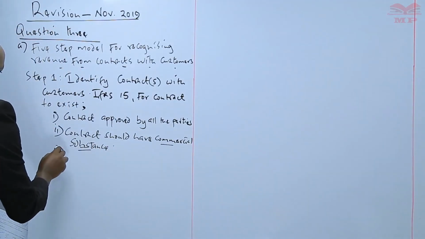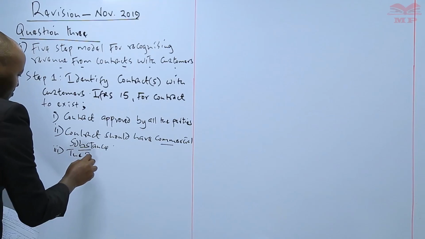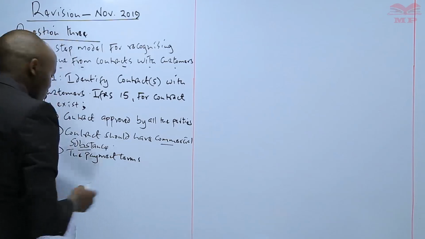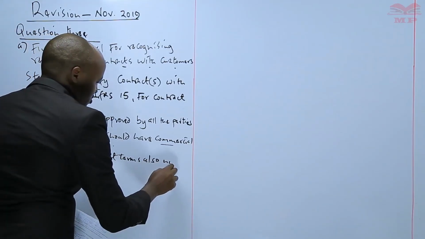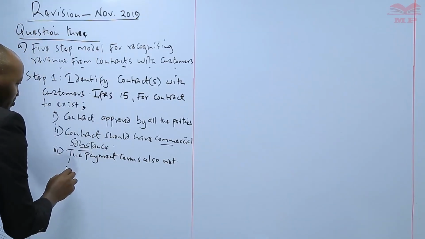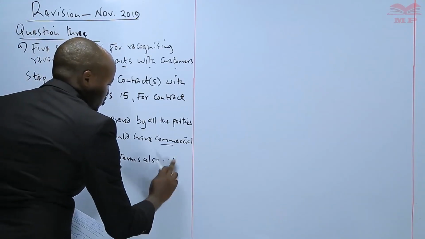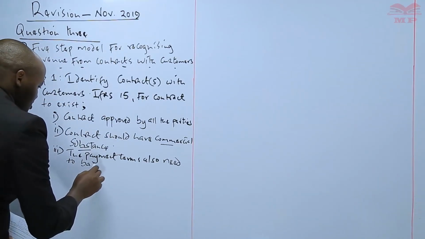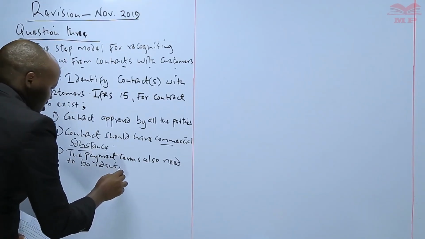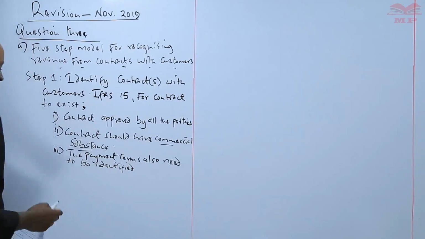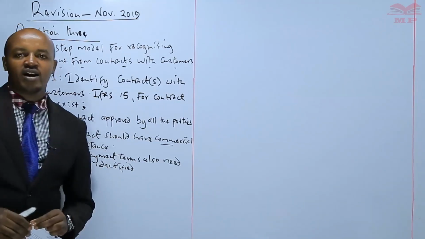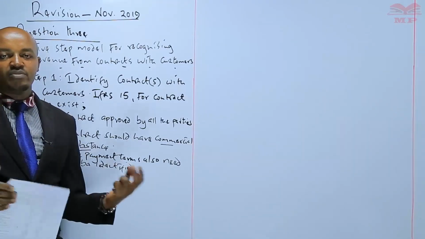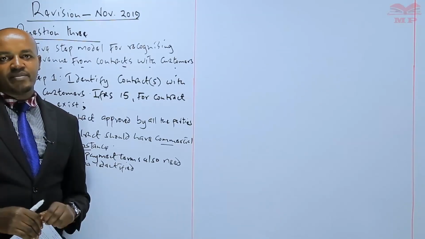Number 3 is that the payment terms also need to be identified. So when we talk about the payment terms, we are talking of how the goods or services to be supplied or provided will be paid for, and when the payment should be made.